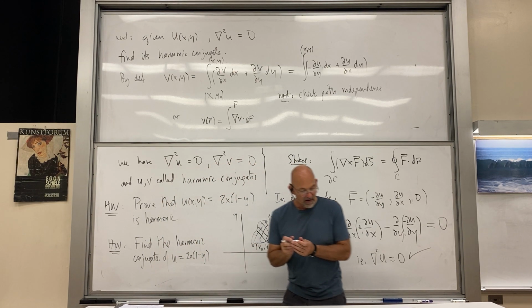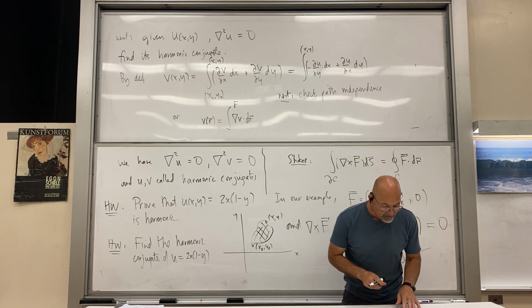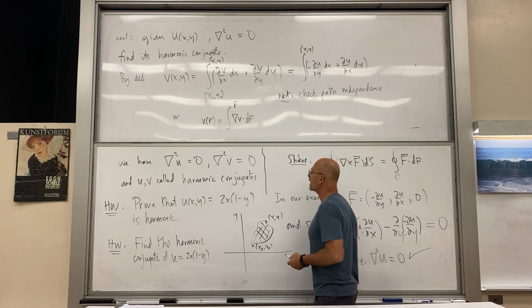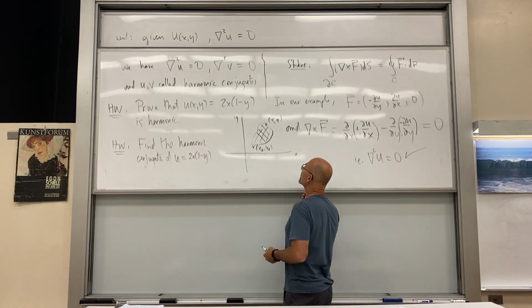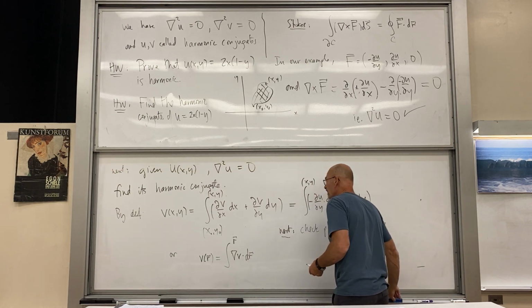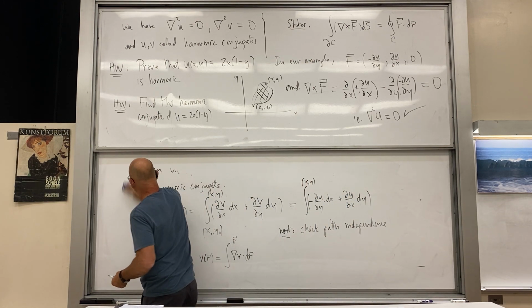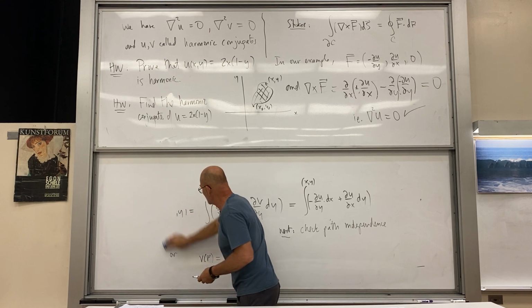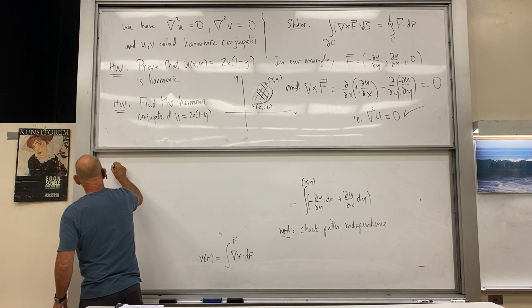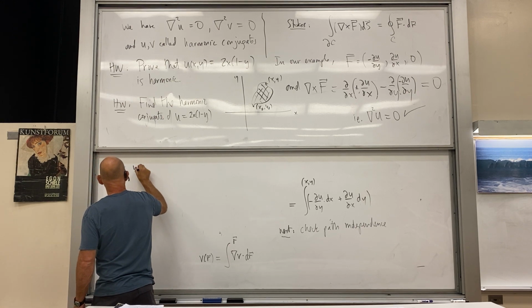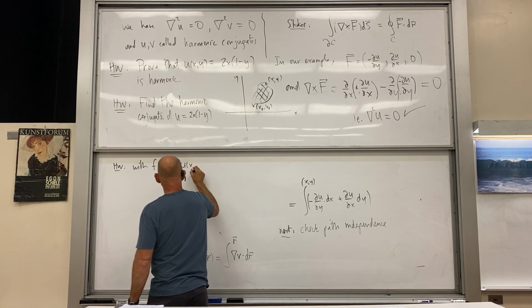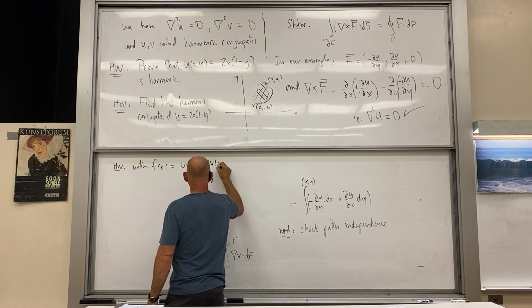And just to round it out, we can express that in a certain way. So right underneath here, f of z equals u of x and y plus i v of x and y.